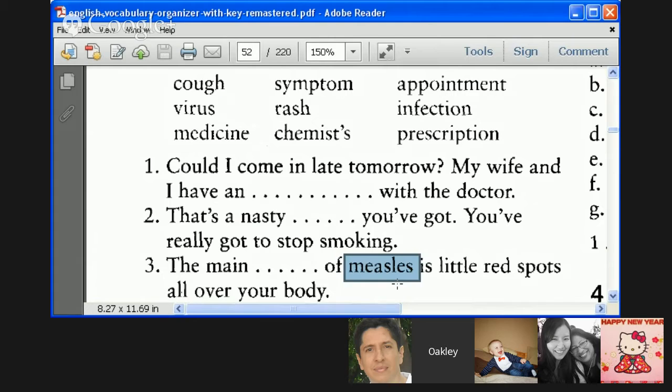Everyone gets when they're a child, right? That's right. Measles. We could actually call it a childhood disease because almost everyone gets it when they're young. Right. Yeah. Okay. Very good.